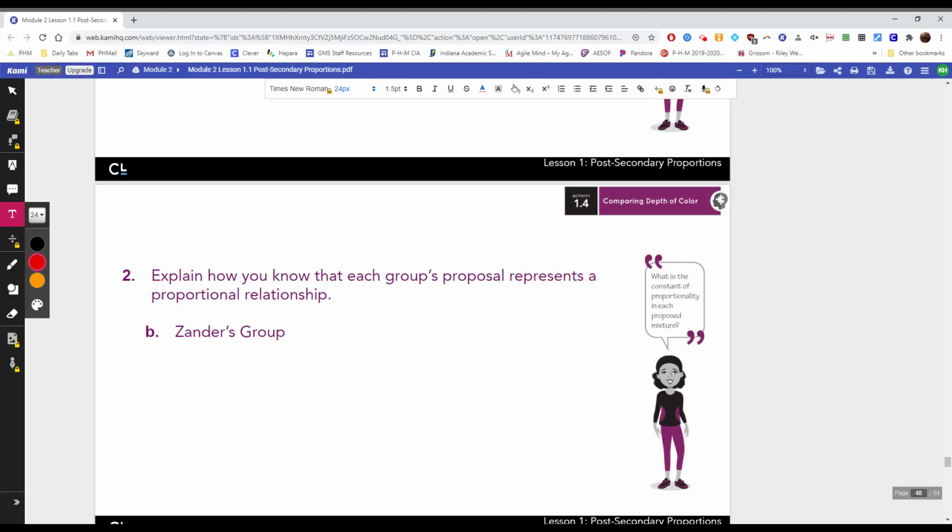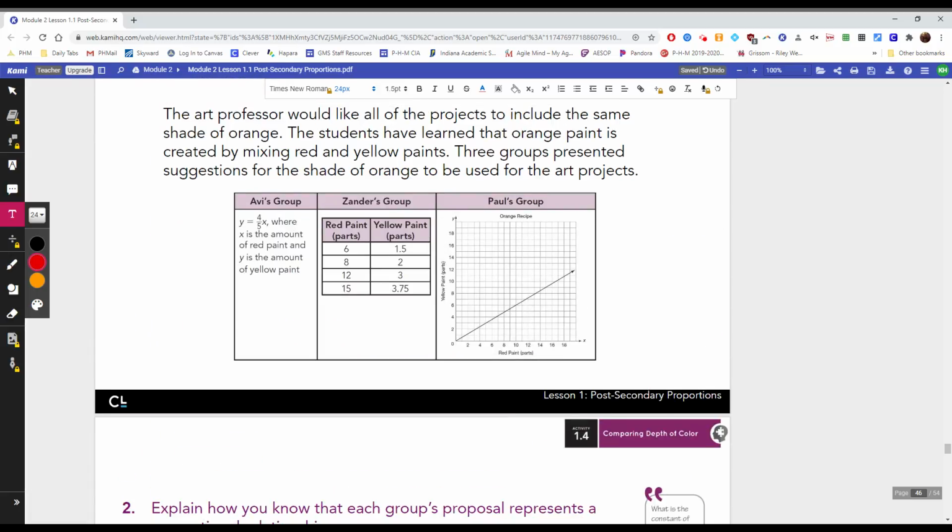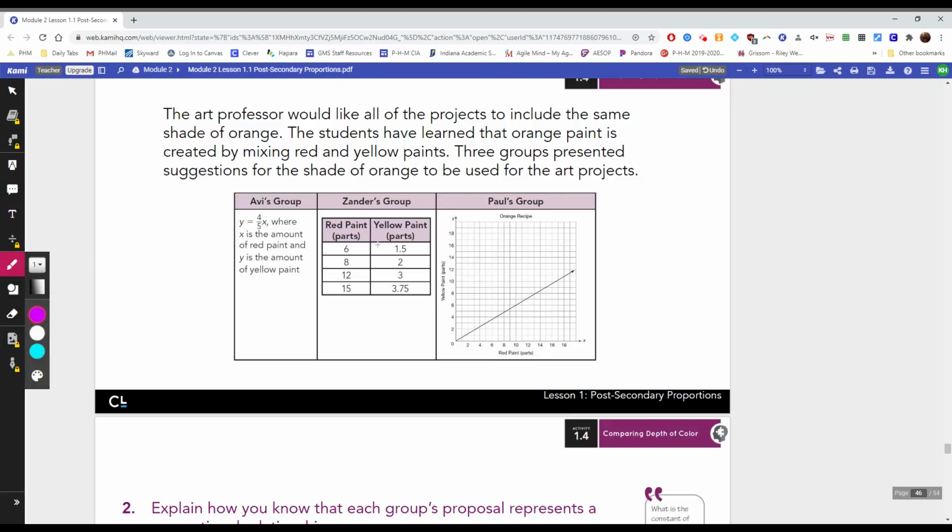The next group, Xander's group, well, we have to look a little more closely at Xander's. We need all of these ratios to be the same, right? So we need this ratio to be the same as this one, and this one, and this one. And I'll take some of the easier ones like 8 to 2, 12 to 3. Those are all the same as 4 to 1.